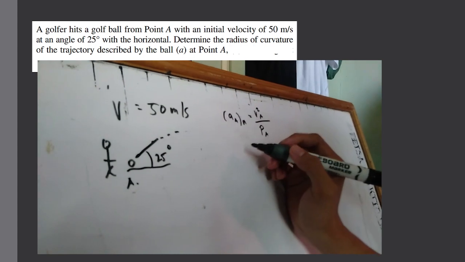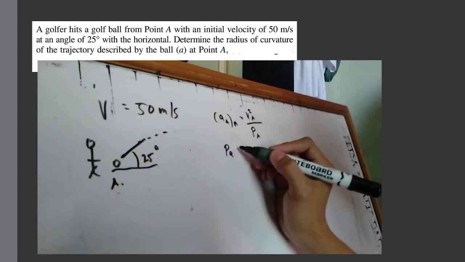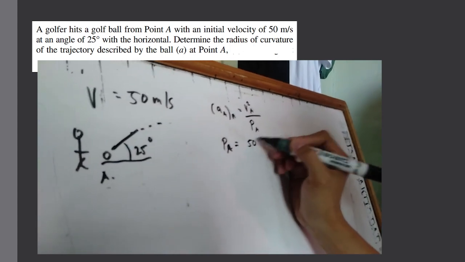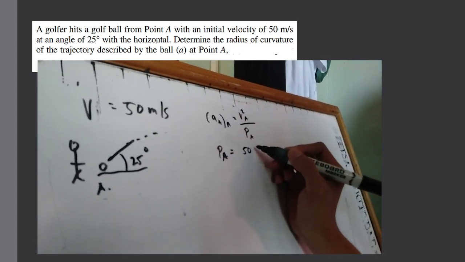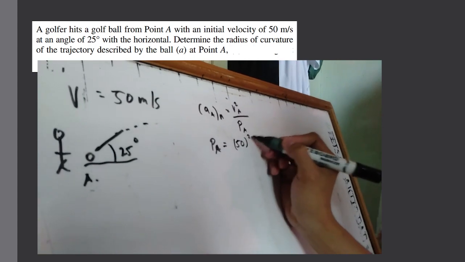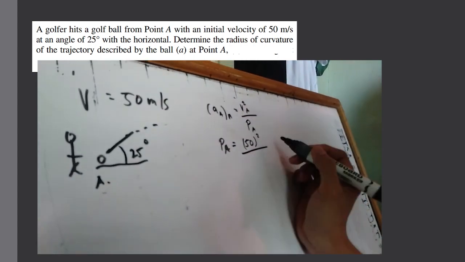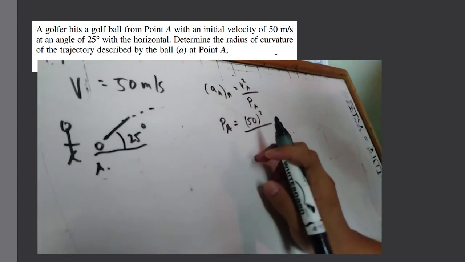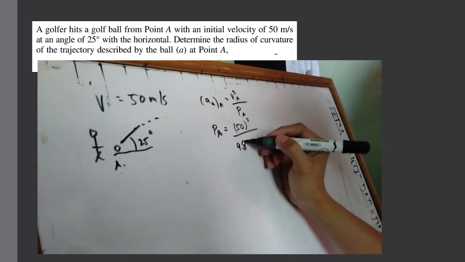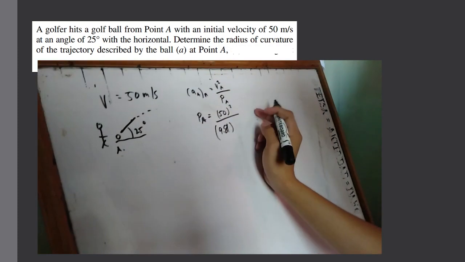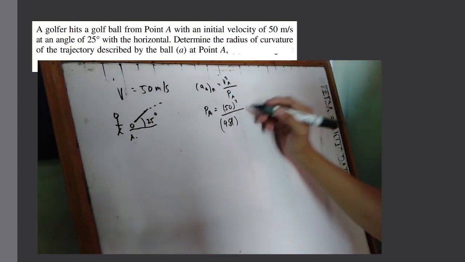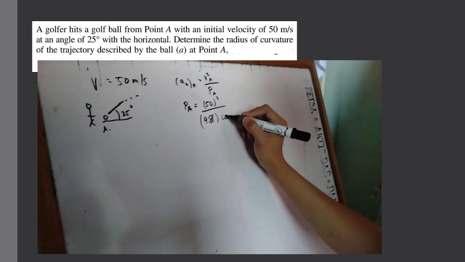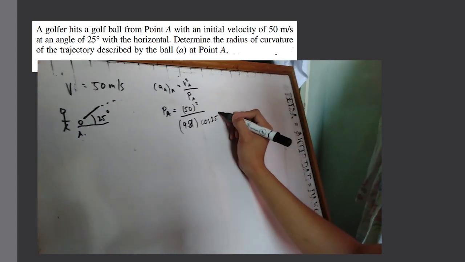Now we transpose this. We have VA equal to 50 meters per second squared, over the acceleration due to gravity, 9.81 meters per second squared, times cosine 25 degrees.